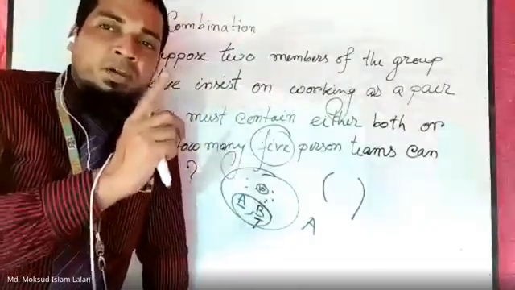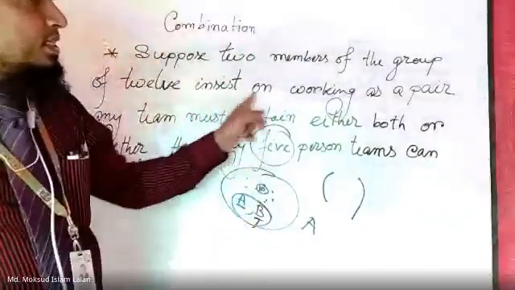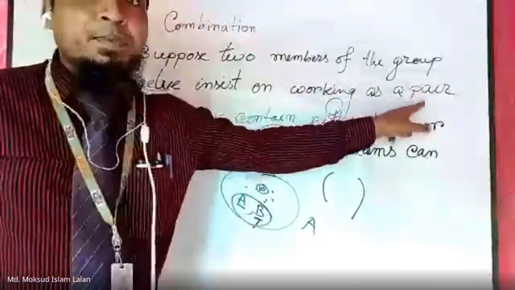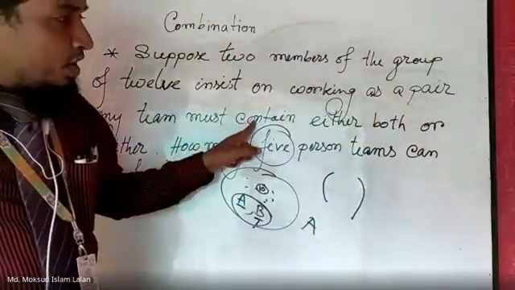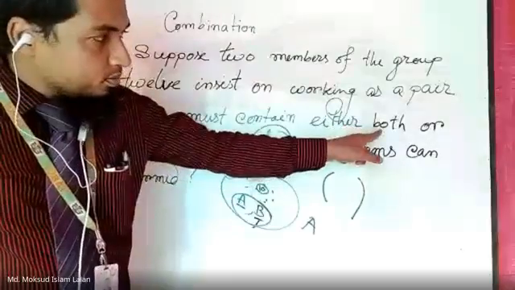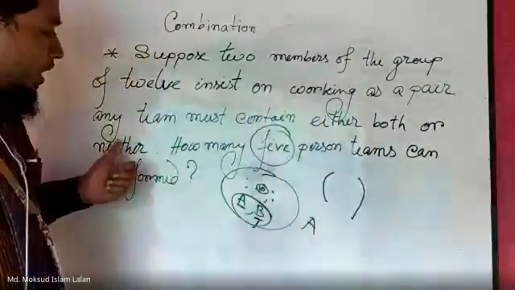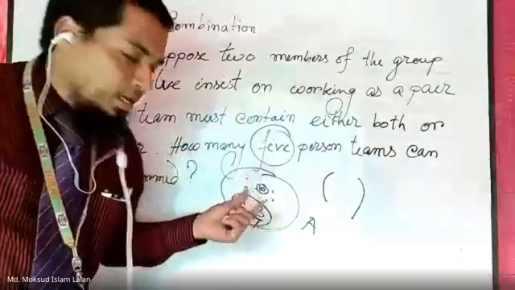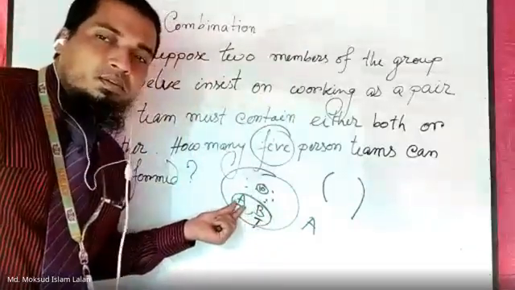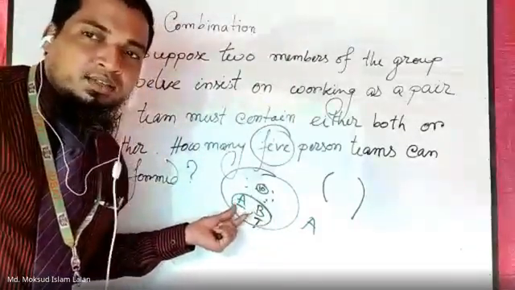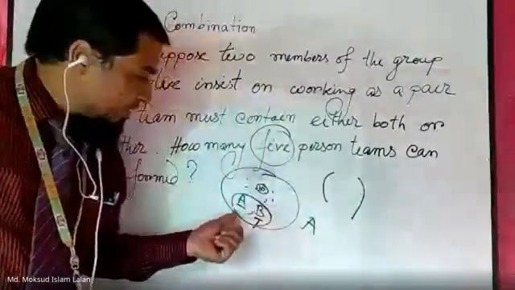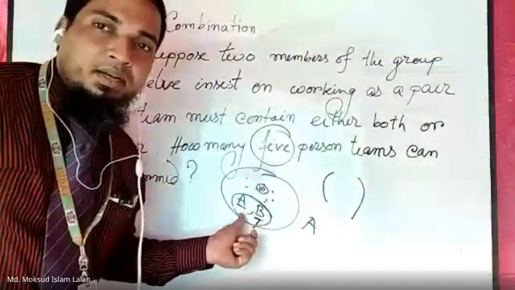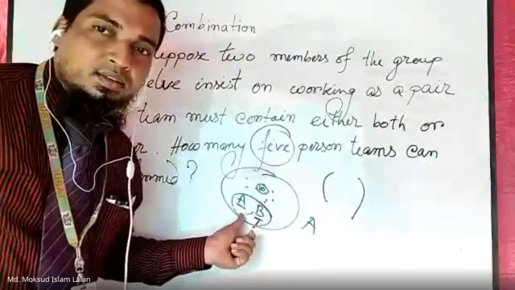You cannot say it is single, because they insist on working as a pair. So any team must contain either both or neither. If you say you want to take only A, there is no chance. B will say no, I don't want to work, and A will say the same.